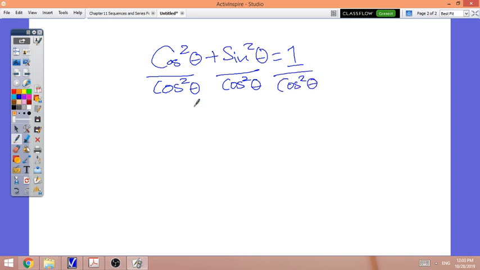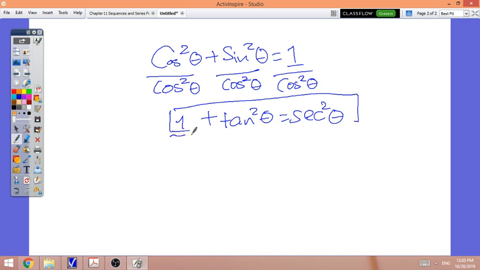So cosine squared of theta divided by cosine squared of theta is 1. Sine squared of theta divided by cosine squared of theta is tangent squared of theta. And 1 over cosine squared of theta is secant squared of theta. And here's your other Pythagorean identity.